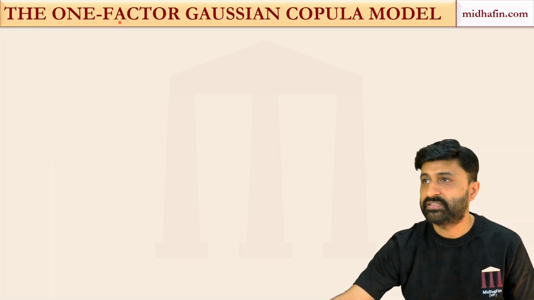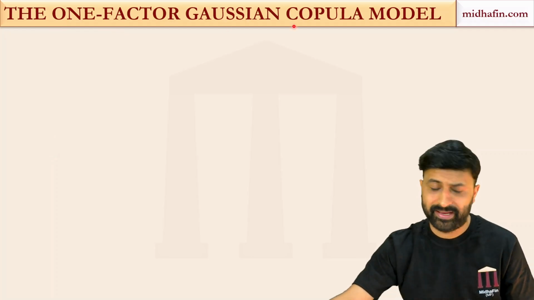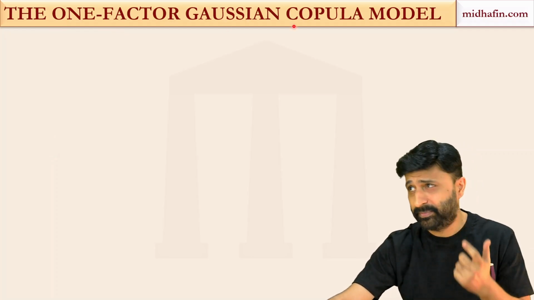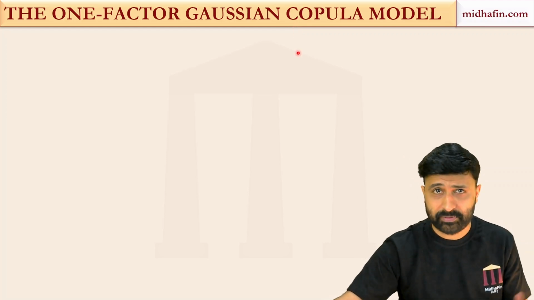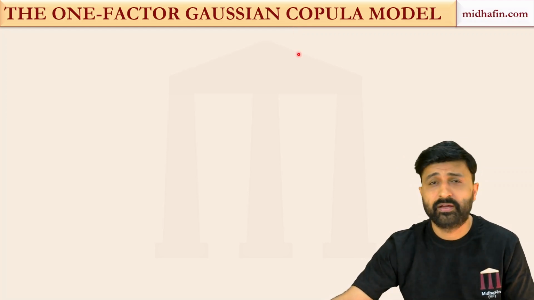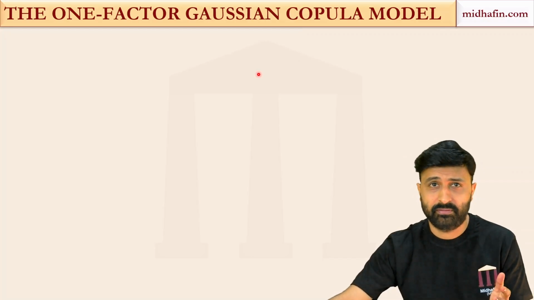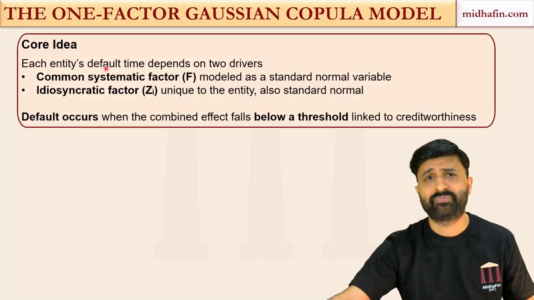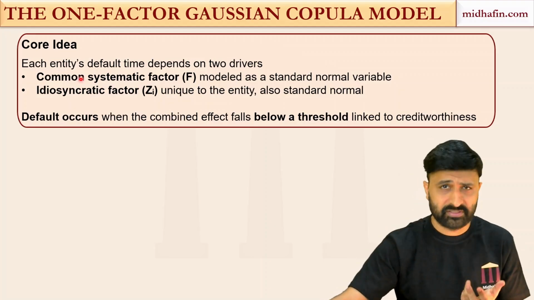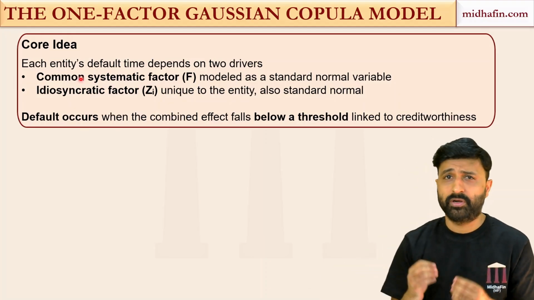Okay, so we'll discuss the one factor Gaussian copula model again briefly, because the mathematical part has been discussed in more detail in some of the earlier chapters. So before we look at the math, let's look at the intuition first. The core idea: there are two drivers in the one factor Gaussian copula model.